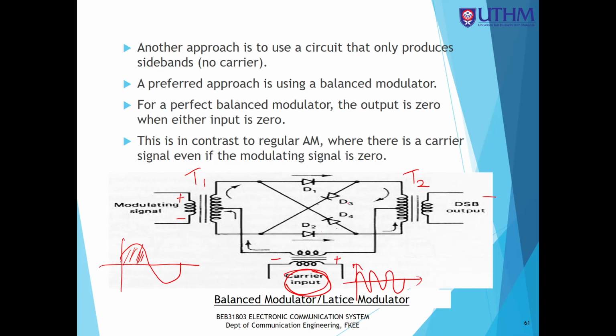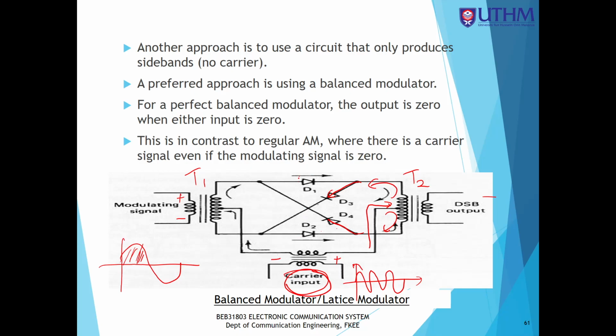The current will flow like this, towards D3 and D4, but it cannot flow to D1 and D2 because they will be reverse biased.